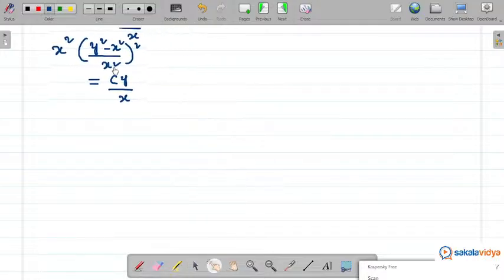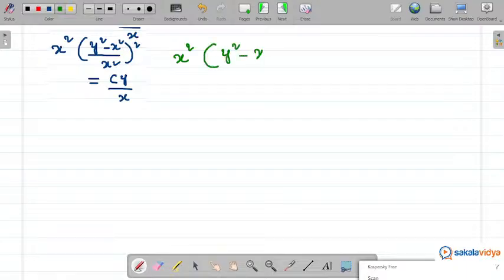Let me write once again in a very clear manner: we have x square into y square minus x square by x square whole square equal to cy by x.